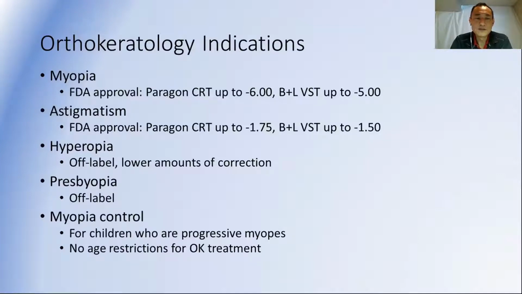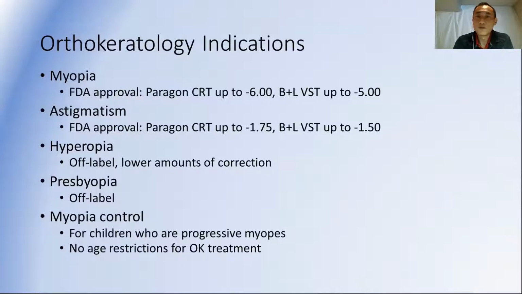So for a lot of parents, myopia control is a good option for their kids. And so these days, most of my patients who are coming in for Ortho-K treatment are actually children who are becoming more and more myopic.